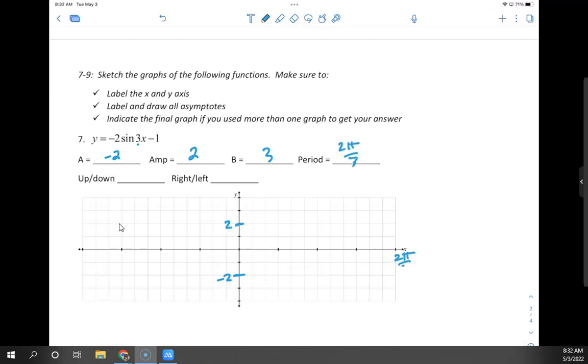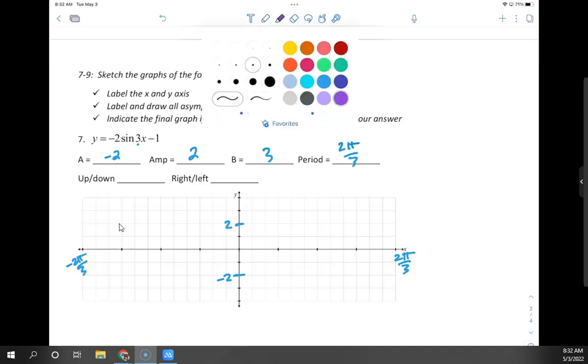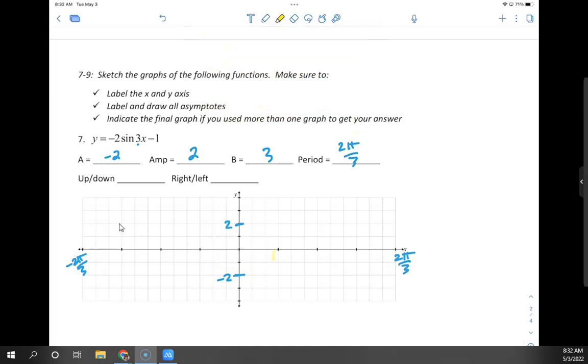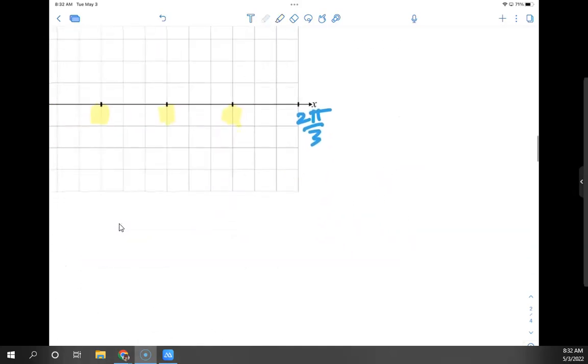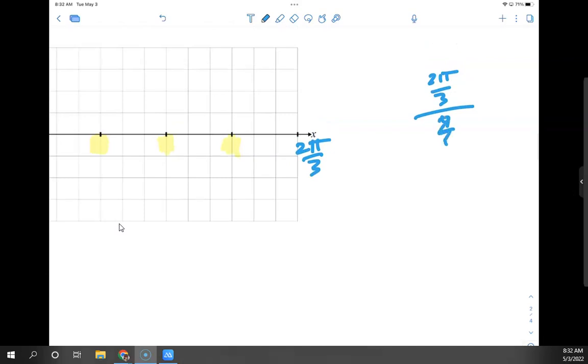Now, this is one where it's slightly harder to find all these spots in the middle here, okay? I mean, it's not that bad. It's just a little bit harder, but here's how I do it. I take the 2 pi over 3 and I want to divide it up into 4 parts, right? Dividing by 4 is the same as multiplying by 1/4.